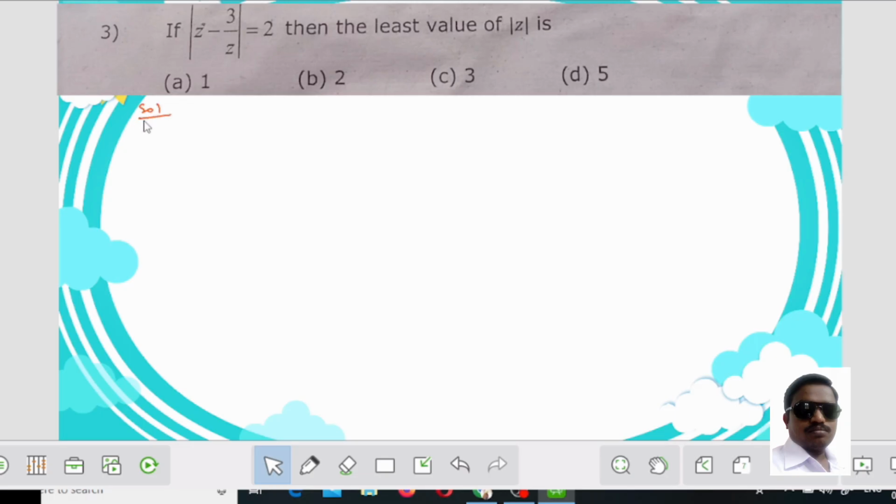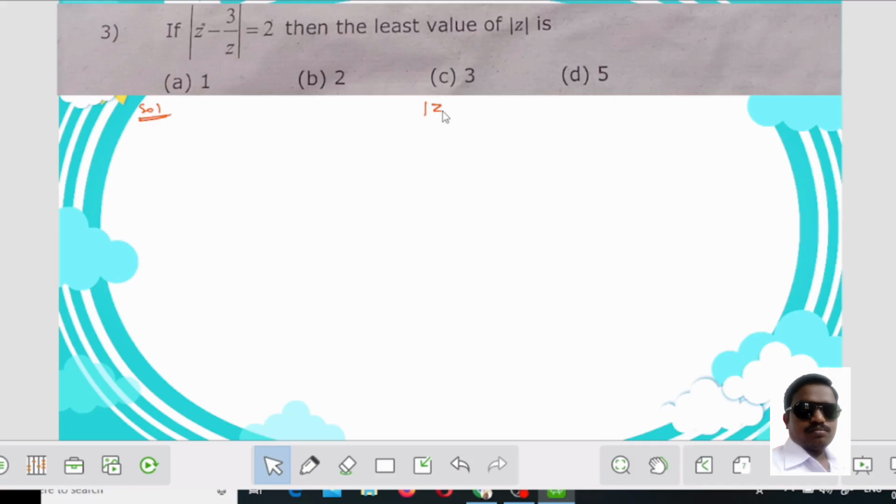Solution. Before entering into this problem, whenever you are asked the least value or maximum value of modulus of z, given in this kind of format, there is a formula for that.